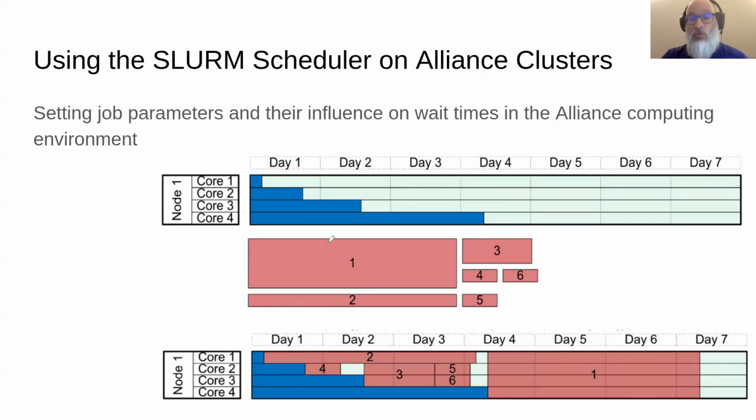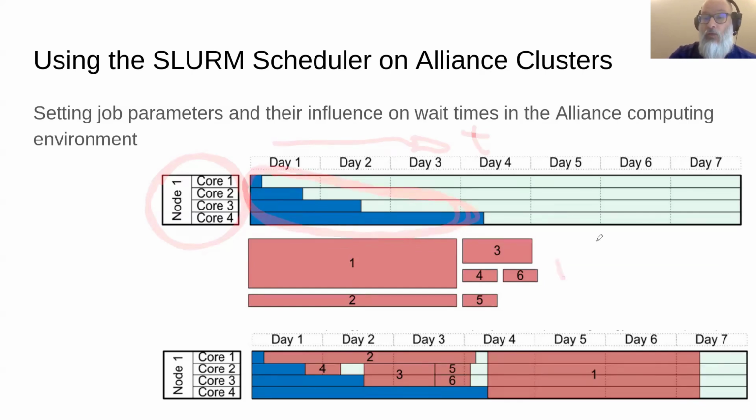Those pages go through some of the images that we see here, where this is a representation of a single node that has 4 cores, and then we have, over time and for days, these resources here that represent cores that belong to jobs that are currently running.